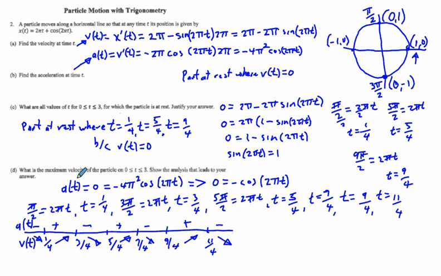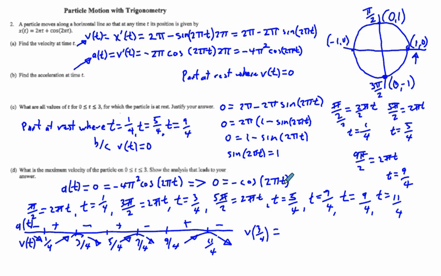So what is the maximum velocity of the particle? Well, we can see that we're going to have relative maximums up here at 3/4, 7/4, and 11/4. We can choose any one of these because they're going to be exactly the same. So it says, what is the maximum velocity? We're going to say V of 3/4. What is that equal to?